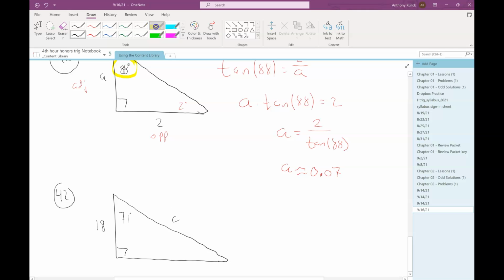Okay, same idea. This is the angle that we know, so it's the one that we're going to work with. Relative to that angle, this side is the adjacent, and this side is the hypotenuse. So this time the trig function I want to use is cosine. So cosine is adjacent over hypotenuse.